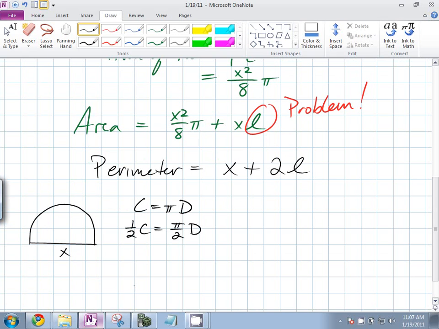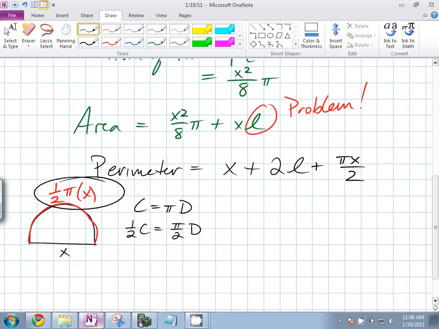Just go with me on this. So we want 1/2 the diameter here. What is the diameter? So it's going to be 1/2 pi times x. So it's plus pi x over 2.